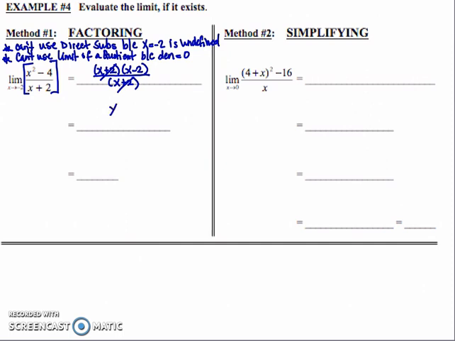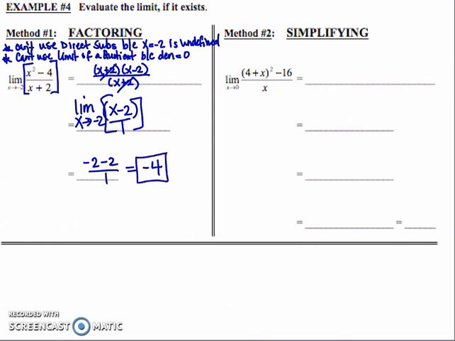So now we just have the limit as x approaches -2 of x minus 2 over 1, if you wanted to look at it that way. Now we can substitute in -2, and we end up with -2 minus 2 over 1, which gives us -4.